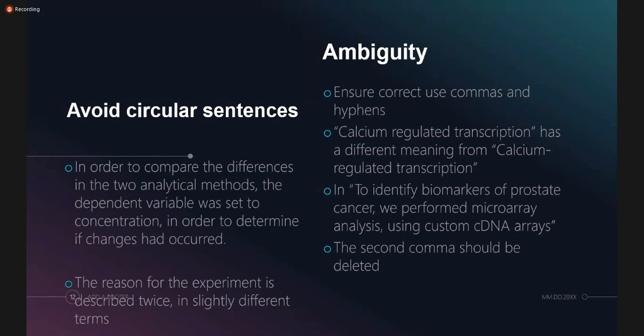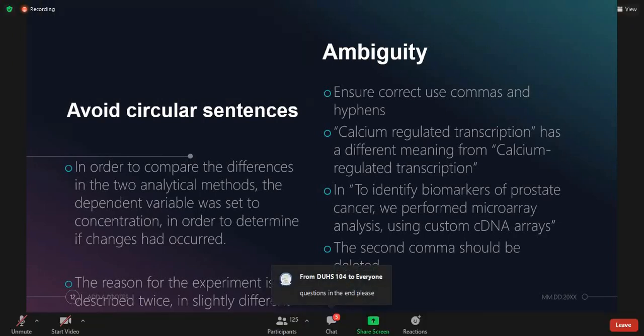The third example I'll read. To identify biomarkers of prostate cancer, we perform microarray analysis using custom cDNA arrays. So you can see in these examples the problem of using the same medical jargons in the beginning and at the end of the sentence, which makes the sentence a circular sentence. Avoid this circular sentence problem.